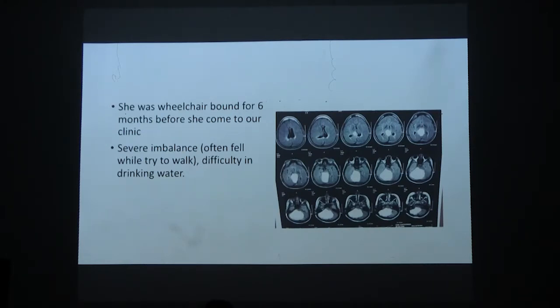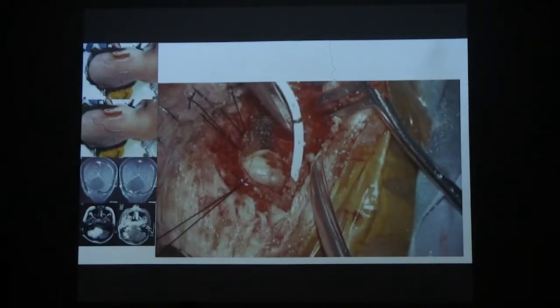She was wheelchair bound for 6 months before coming to our clinic. Severe imbalance, often fell while trying to walk, difficulty even in drinking, especially drinking water. I think drinking is more difficult than swallowing solid food. So this is the picture. This is the plan of the surgery.